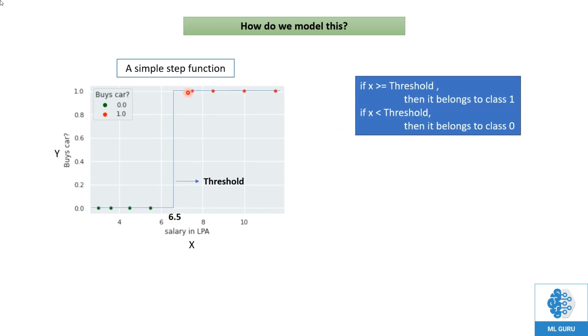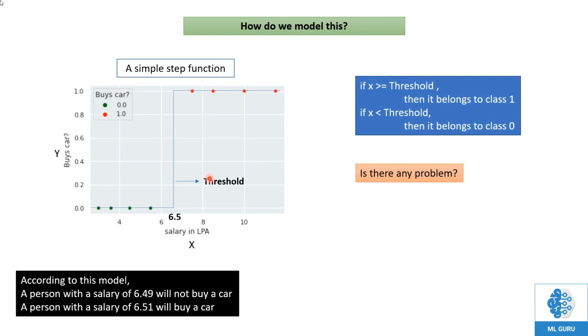So this is our threshold, and based on this threshold, if this particular value of x is greater than the threshold, we classify as 1, and if it's less than this threshold, we classify it as class 0. Now you can see there are many problems in this function.